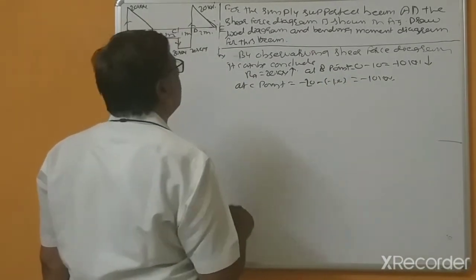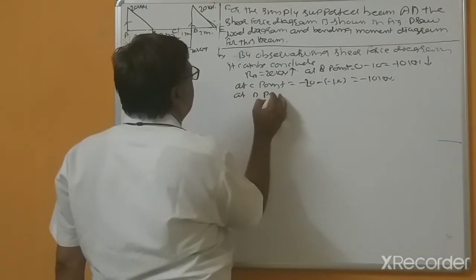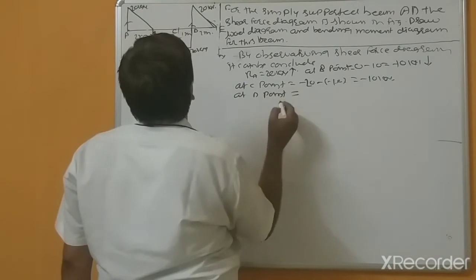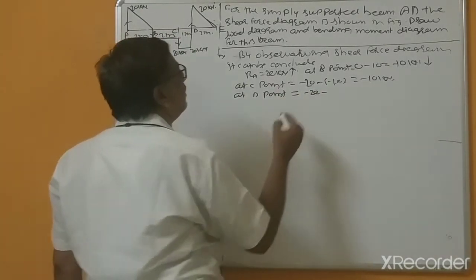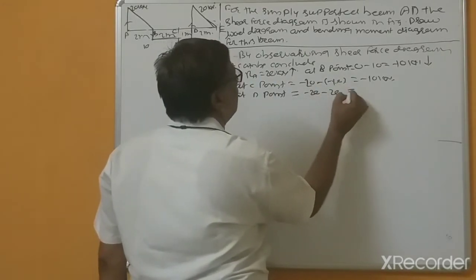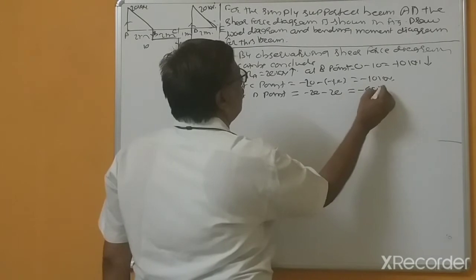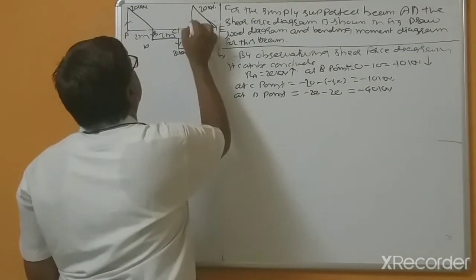Next, again at D point, minus 20 minus 20, this is equal to 40 kilonewton. But this is upward, na?